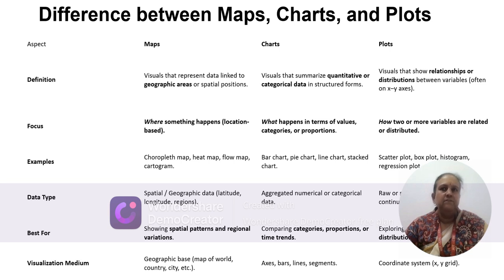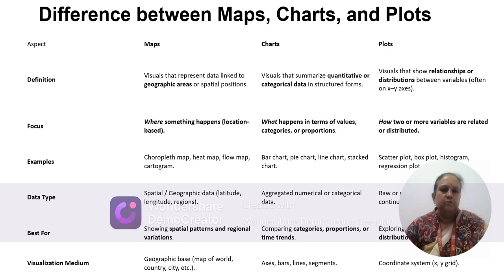Here you have different types of maps, like choropleth, heat map, flow map, isoline, and all that. Here you have bar charts, pie charts, line charts, and so on. And here you have scatter plots, box plots, histograms, etc. The types of data that can be used in maps are spatial or geographical data.